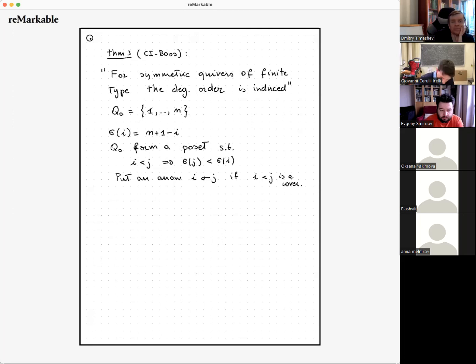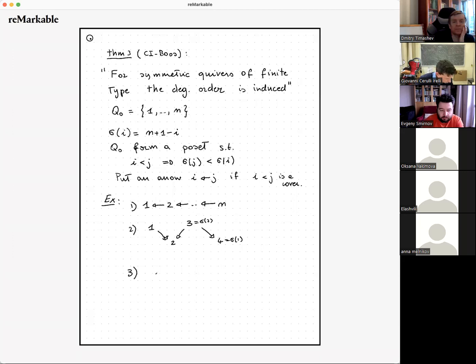For example, the situation here is something like 1, 2, the equioriented case. This is one very interesting case. Another one is, for example, 1, 2, 3, which is sigma 2, and then 4, which is sigma 1.